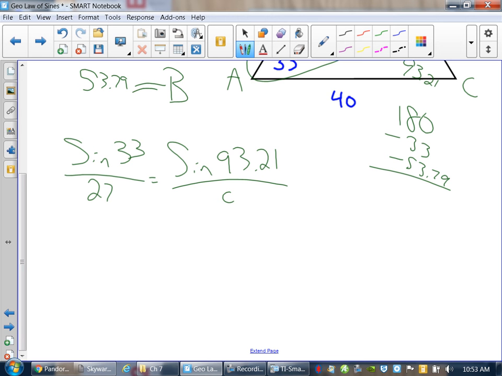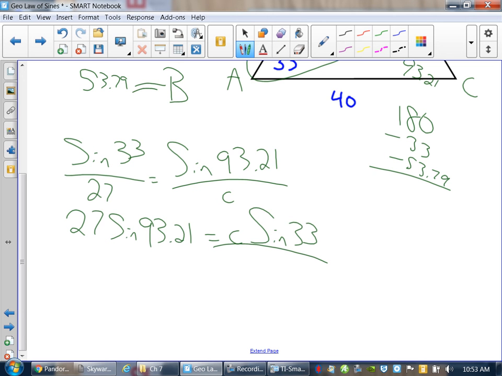So we have 27 sine of 93.21, and you're just dividing out by a bunch of nasty looking decimals. That's really all it works out to be.